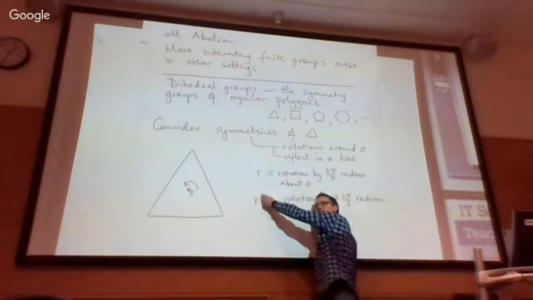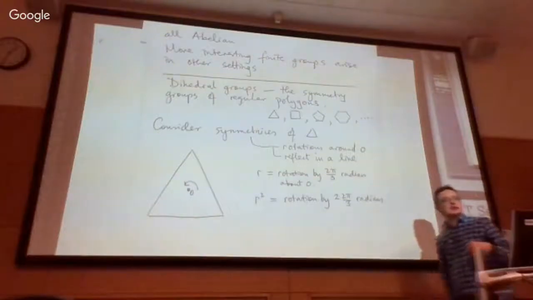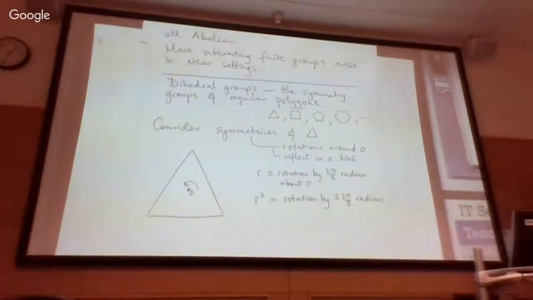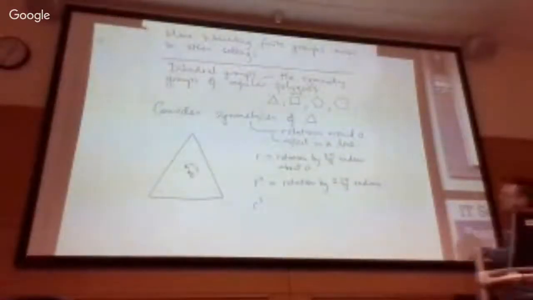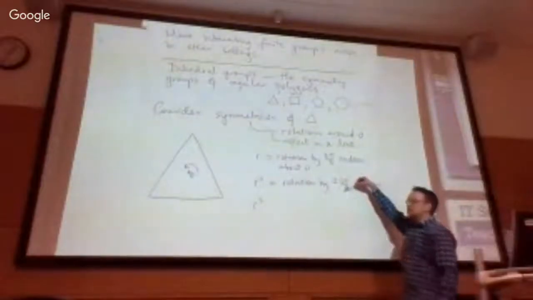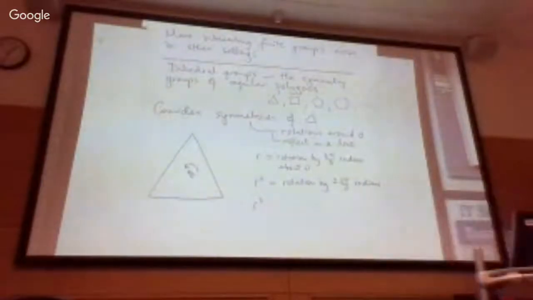We'll talk more about the meaning of the exponent of the R in a moment. But we could also go for R cubed. So what would that be? That would be a rotation of 3/3 of a full turn.